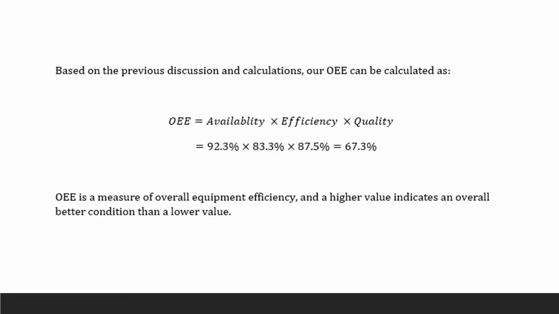Based on the previous discussion and calculations, we can calculate our OEE this way. So the review of your OEE: your overall equipment effectiveness is your OEE. Every time you see this, remember that is your overall equipment effectiveness. We will calculate it by multiplying three factors: your availability, efficiency, and quality.